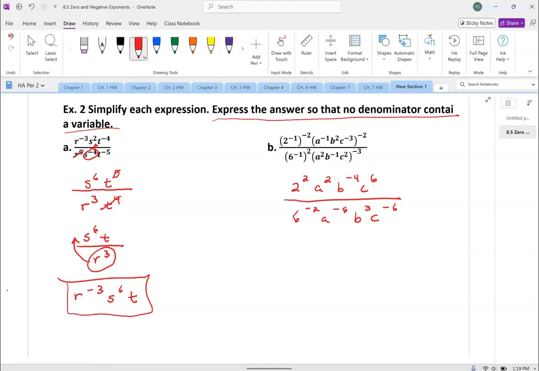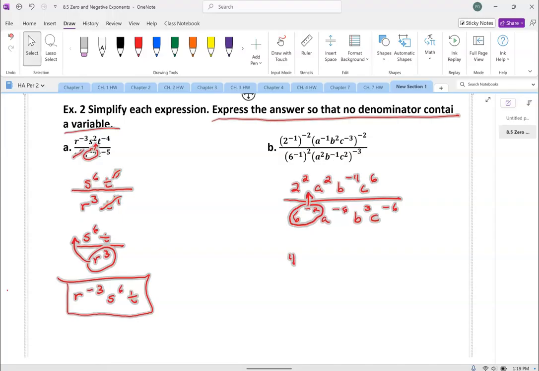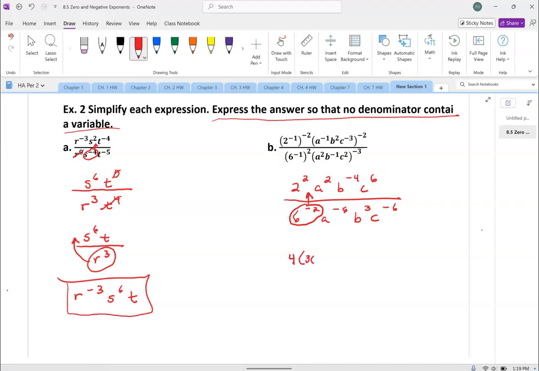Okay, so now with the directions in mind, I got to be a little careful here because essentially I want to bring everything upstairs because I don't want any variables in the denominator. So to move things upstairs, like 2 squared is just 4. This is coming up, and 6 squared is going to be 36. All right, I already have an a squared, and this is coming up, so I've got a to the 8th. And this is where I got to be careful because I don't want this left down here, so I'm going to bring it up.